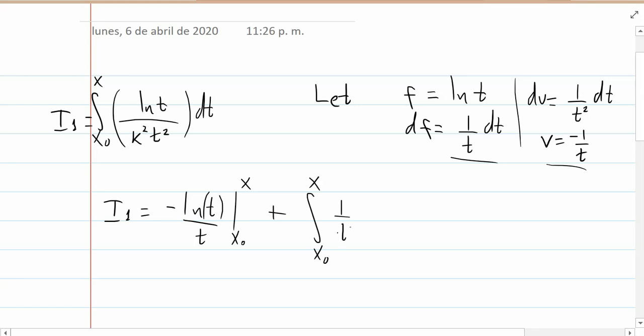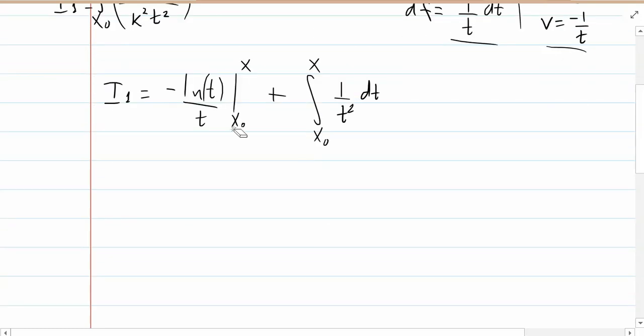That would be 1 over t squared dt. I'm not going to evaluate that just yet. I'm going to leave it indicated for now.